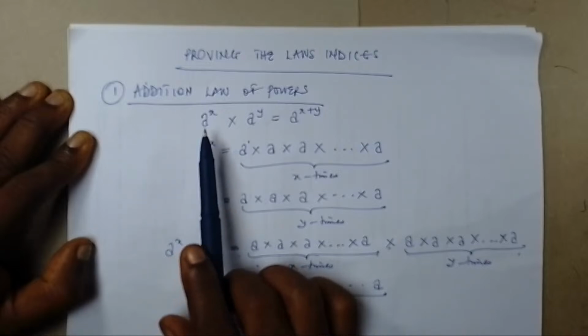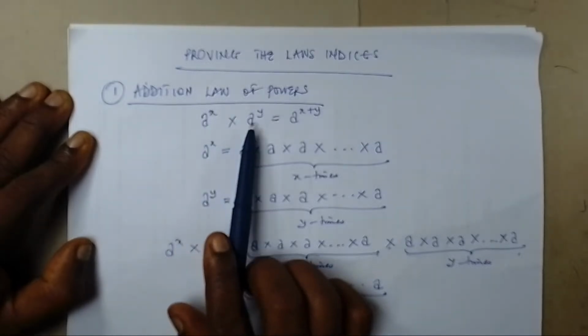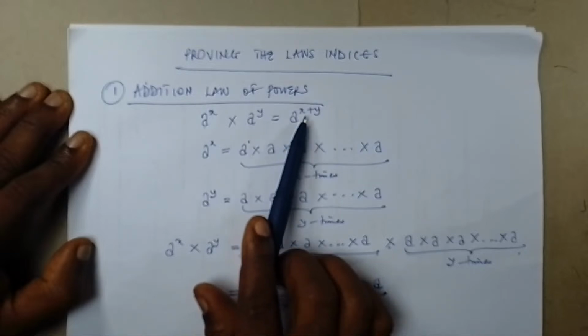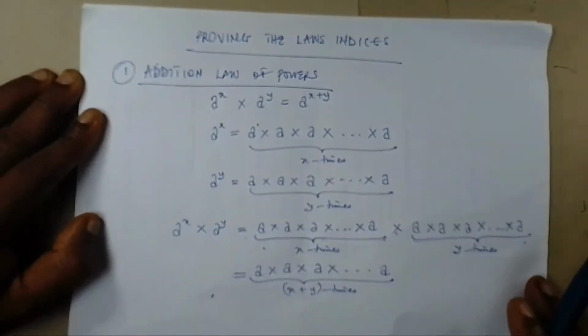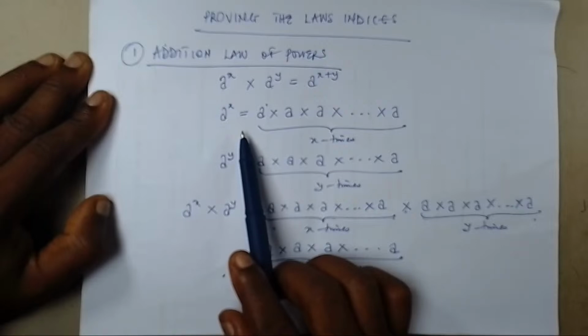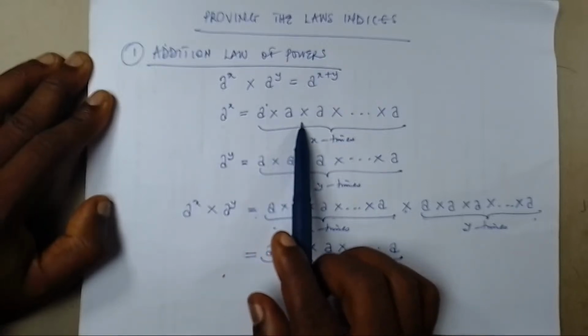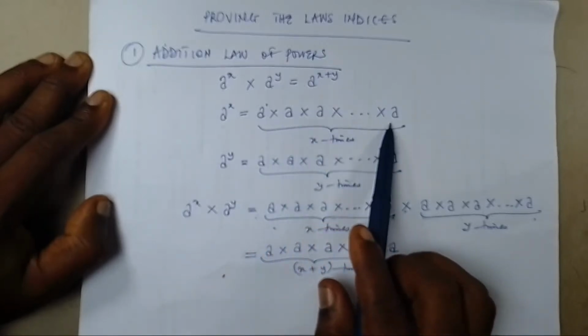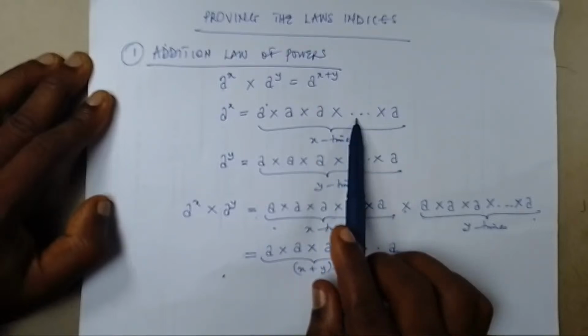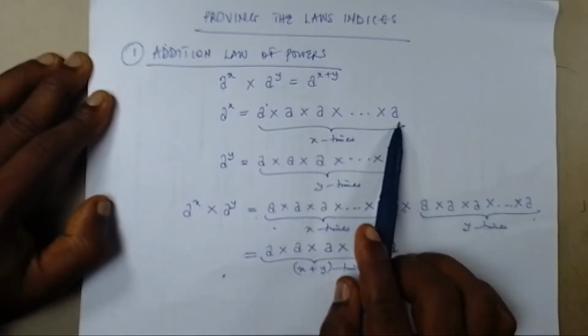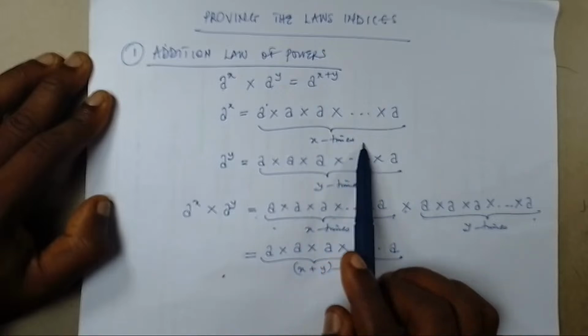Thank you very much. So a raised to power x times a raised to power y is equal to a raised to power x plus y, and I'm saying in expanded form a raised to power x can be written as a times a times a times ellipsis a. Ellipsis means the multiplication continues to the last a, and there are x a's.